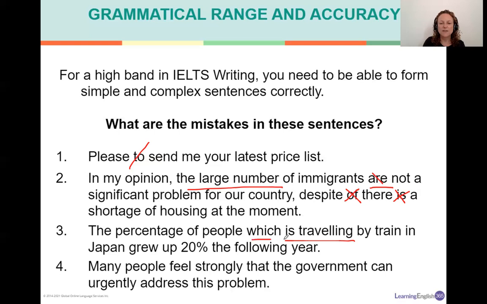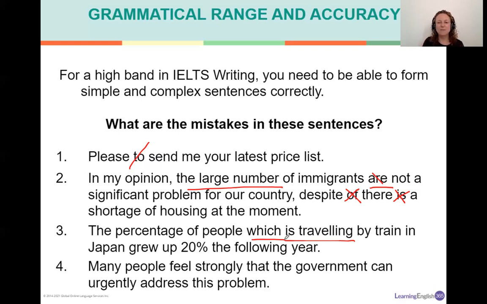And also which is not correct here. You use which with a thing. We're talking about people. So you've got 2 options. You can say who, or you could say that. But which, no, doesn't fit here.